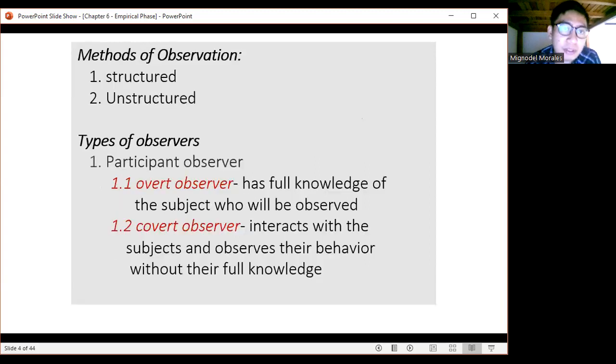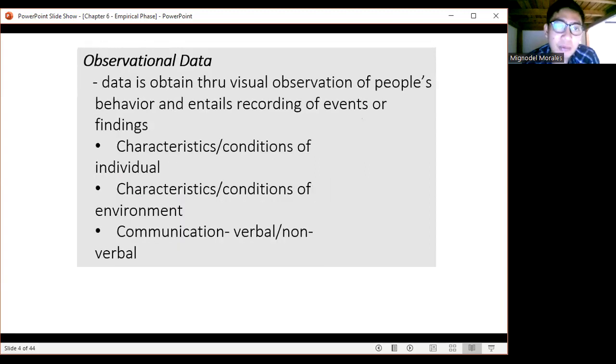We also have observational data, wherein data is obtained through visual observation of people's behavior. It entails recording of events or findings. This is more applicable in qualitative research.